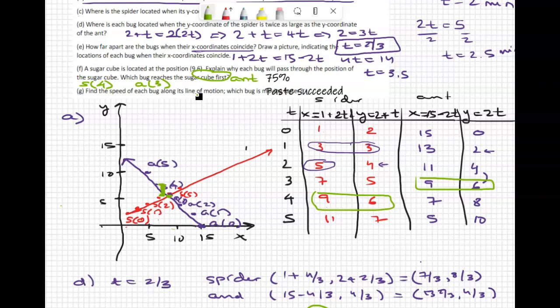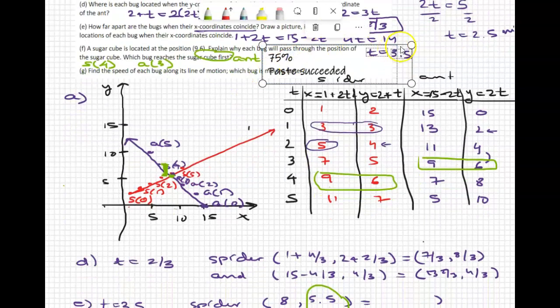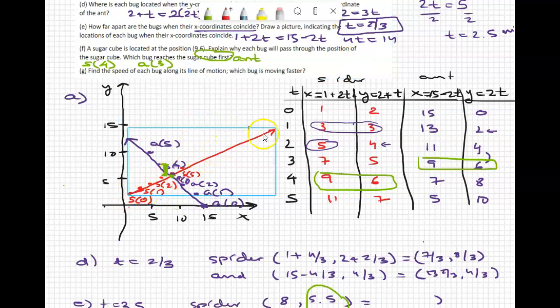Alright, part G, find the speed of each bug along its line of motion. Which bug is moving faster? We have to figure out how fast the spider is moving and how fast the ant is moving.